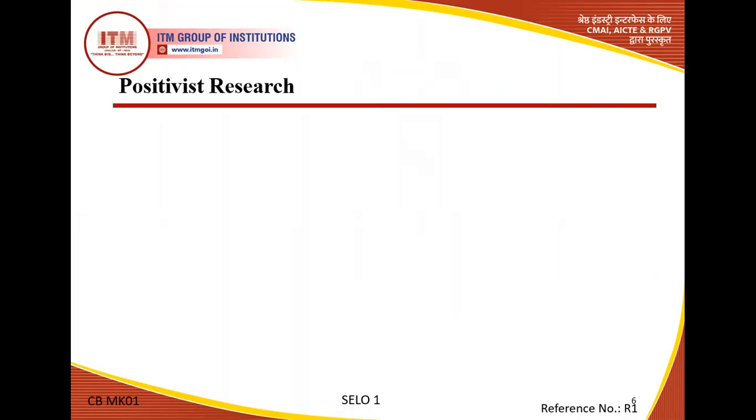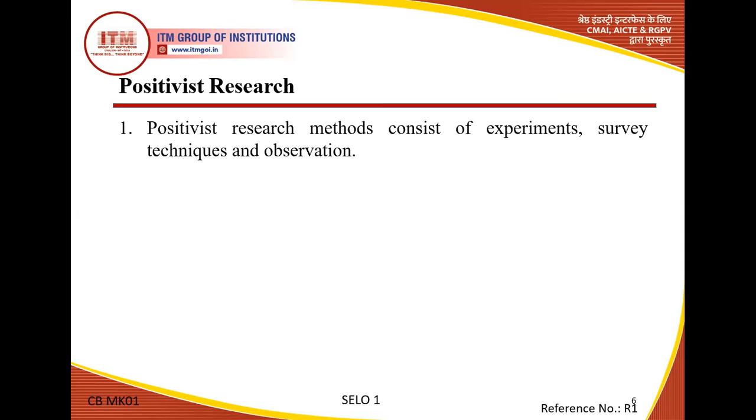So, positivist research. This is a terminology. I will let you know which terminology it is matching. So positivist research methods consist of experiments, survey techniques, and observation.